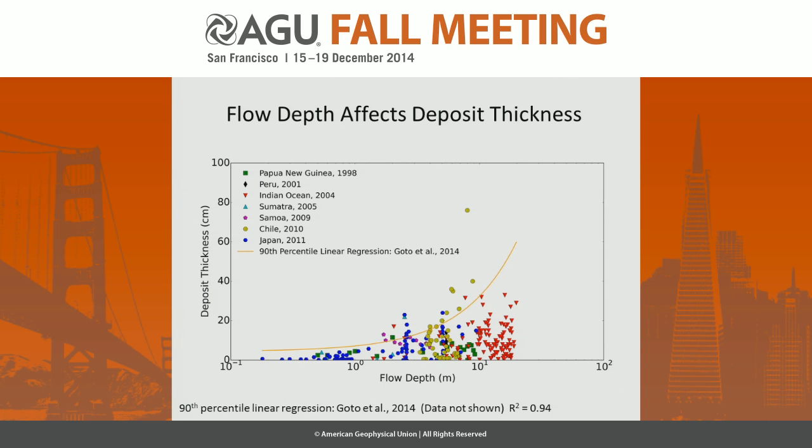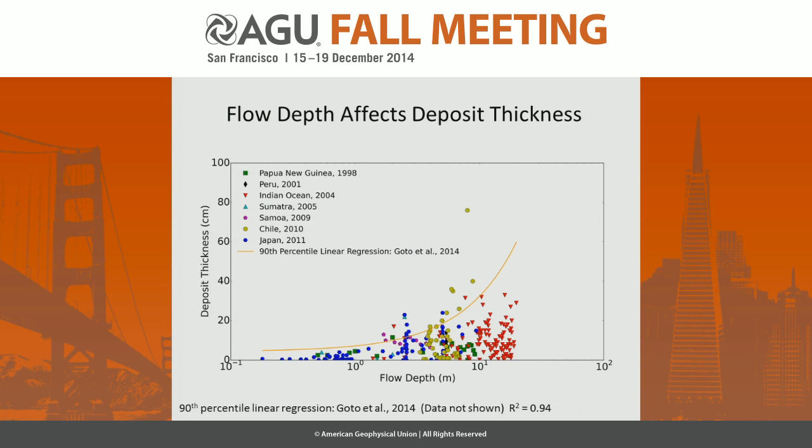So several authors recently have been investigating the flow depth deposit thickness relationship, and recently Goto et al. in 2014 looked at this relationship in field data from Japan from the 2011 event. And they found a relationship between the flow depth and the 90th percentile of deposit thickness.